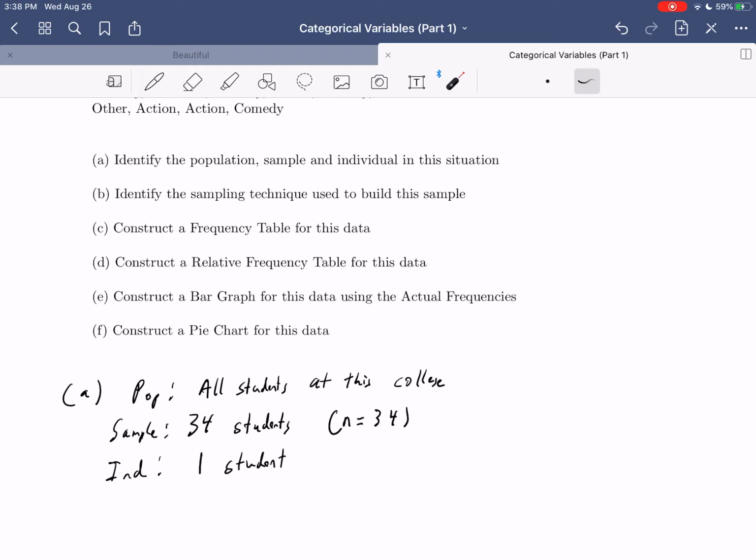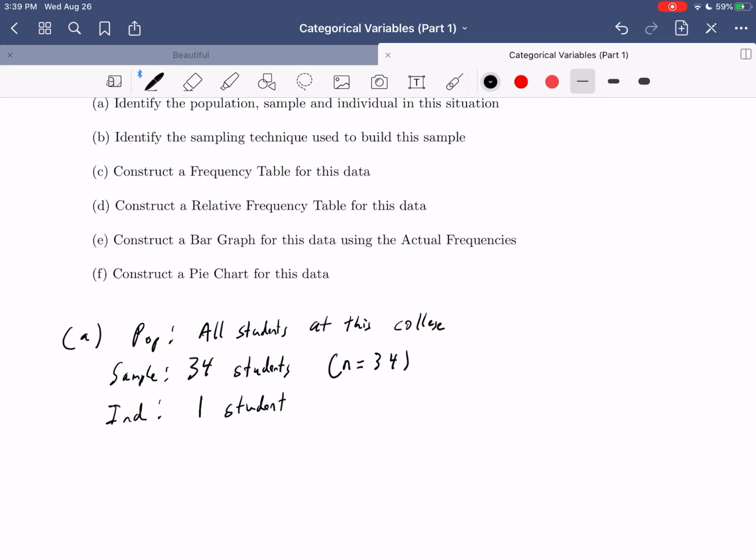You might ask them 30 or 50 questions. So the variable never shows up in your description of the population, sample, or individual. There's no mention of what we were studying about these people, just who they were: 34 students from the college, trying to represent all the students at the college, built out of one student at a time.